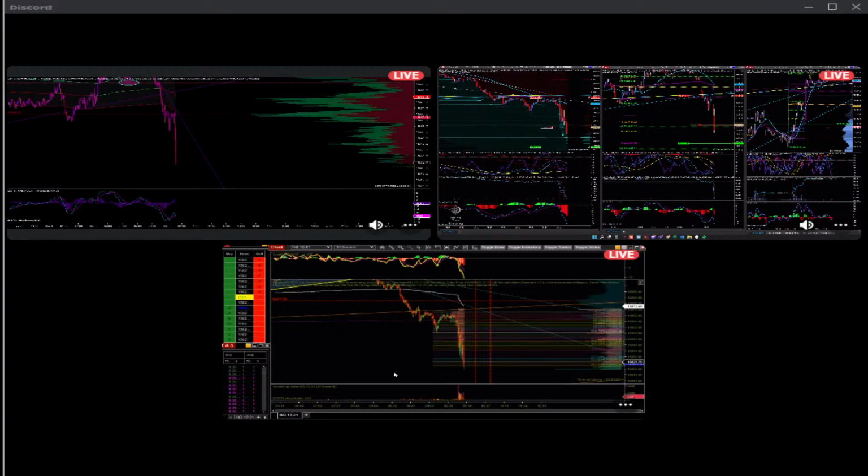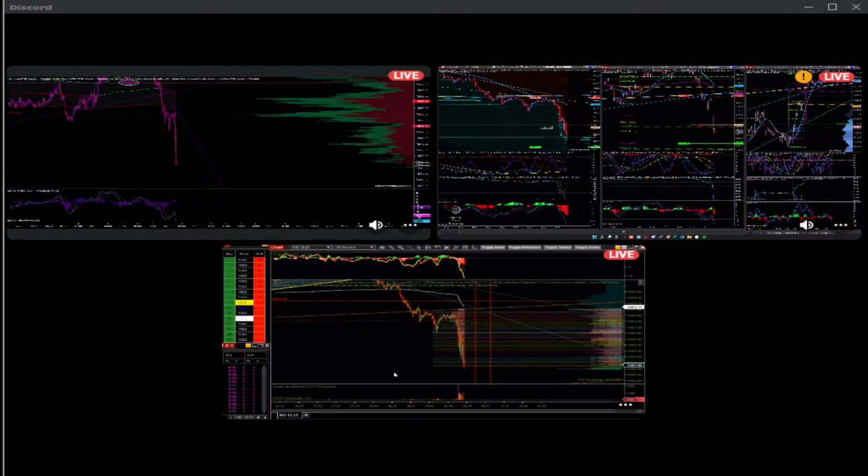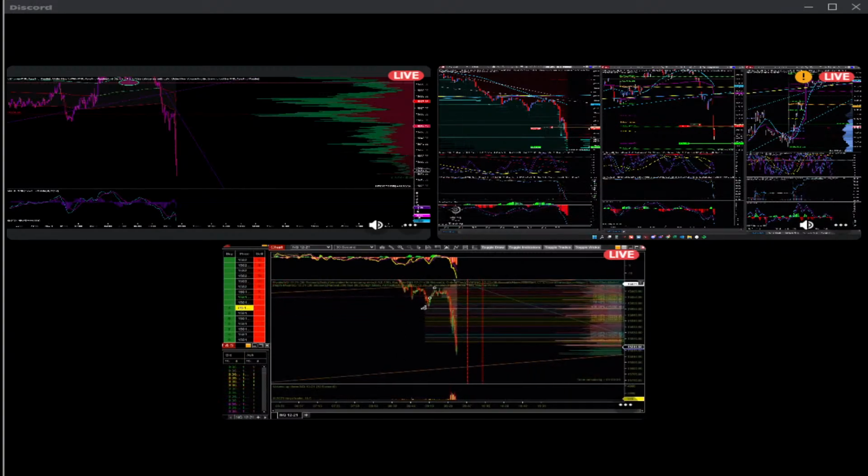We went down a little bit below 261 and we returned. Taking more off. Now that we're close to that PT, there's a lot of buy orders here, but it's getting eaten up. Now I'm taking this off.